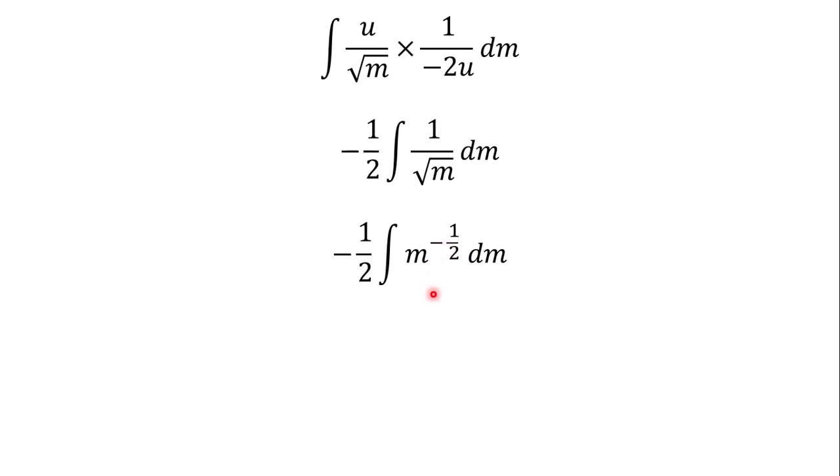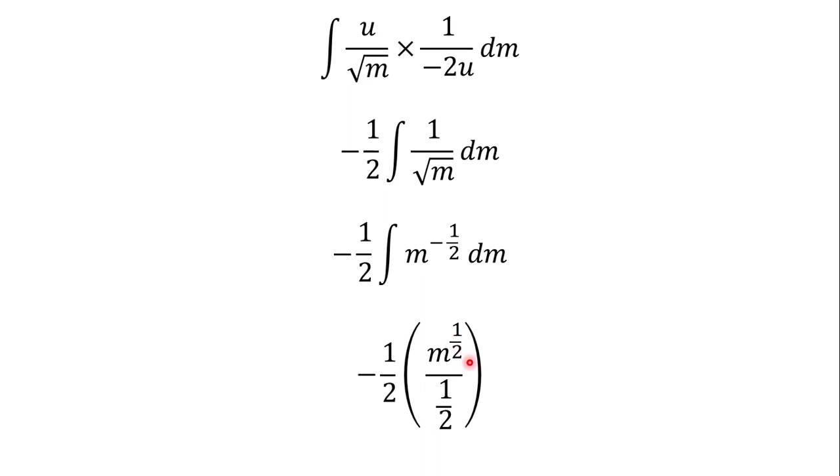Now to integrate this one, you all know what we are going to do, the power rule. We add 1 to this power, and then we divide the whole thing by minus half plus 1. Please don't forget this constant. This one will multiply whatever we get at the end of the day. Minus half plus 1 will give us a half.